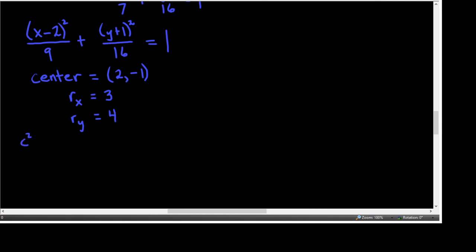C squared will equal the larger number squared minus the smaller number squared. And when I'm talking about these two numbers, those are the radii that we identified in the prior step. 16 minus 9 is 7, and so C is equal to the square root of 7.